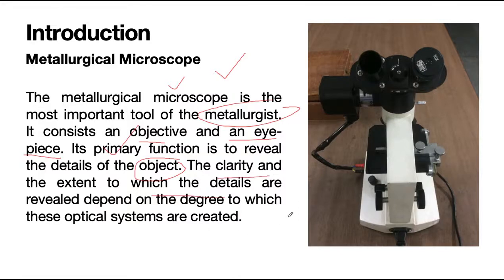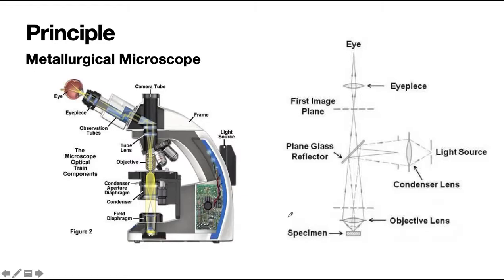Alright. So first, let's try to understand the basic principle of the metallurgical microscope. From this light source, a horizontal beam of light is reflected by means of a plain glass reflector.